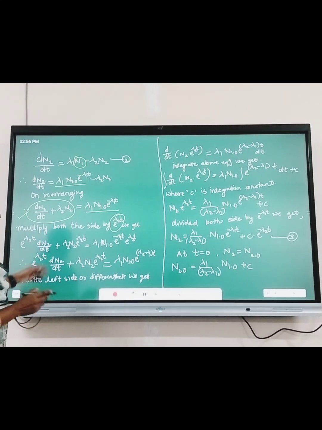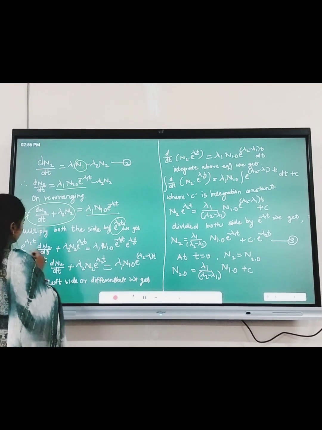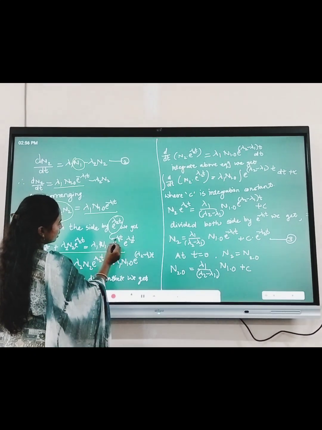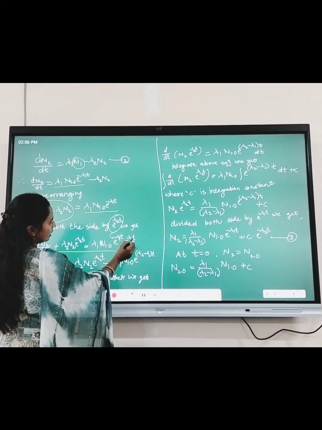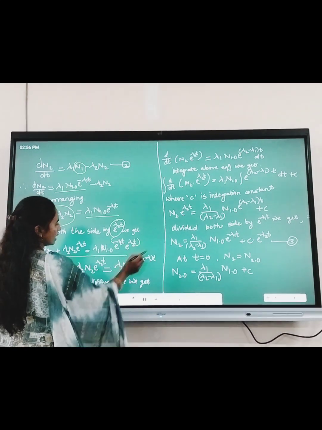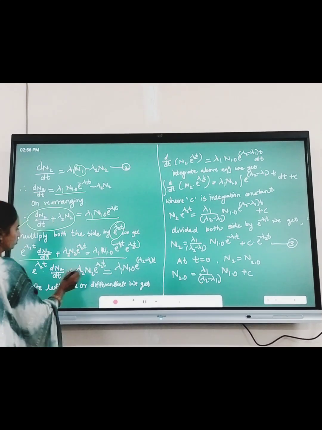Then we have a common term in the above equation: here minus lambda 1 t and here lambda 2 t. In both of these terms time t is common.